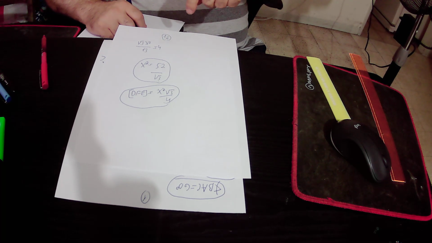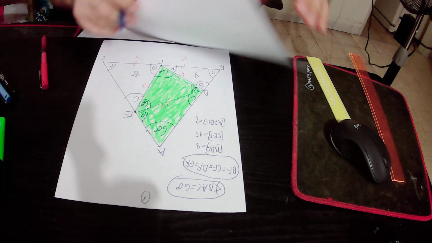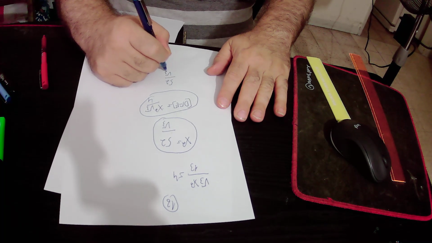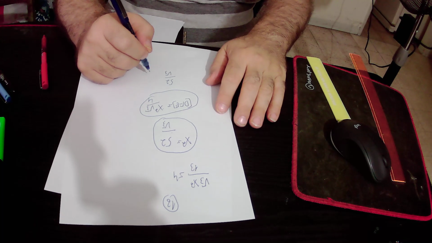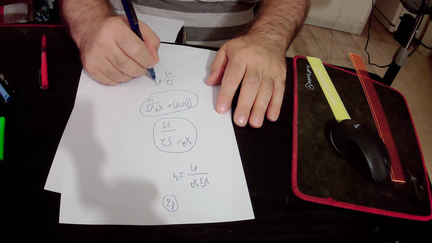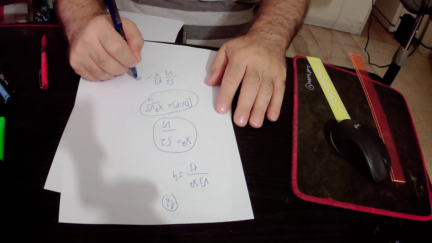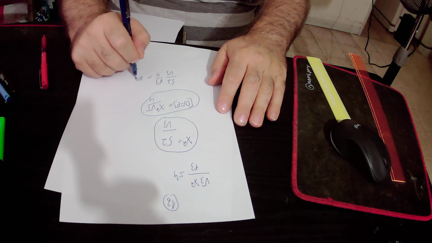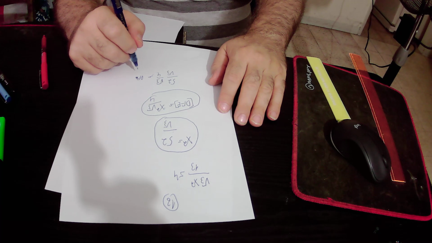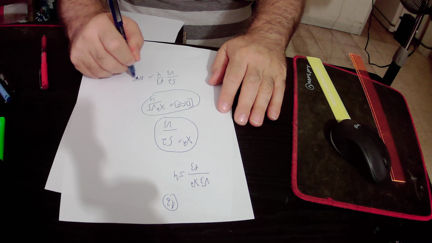But we have already found out that x squared equals 52 over root 3. So we can substitute x squared in this equality by 52 over root 3, and we will get that 52 over root 3 times root 3 over 4 equals the area of triangle DFE.